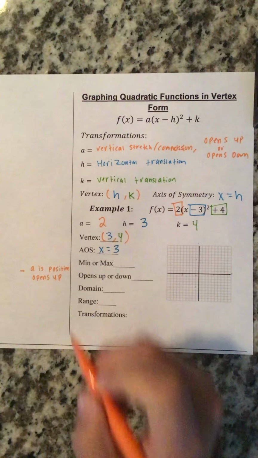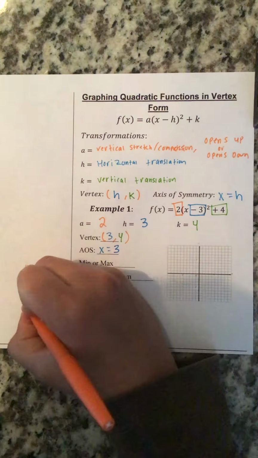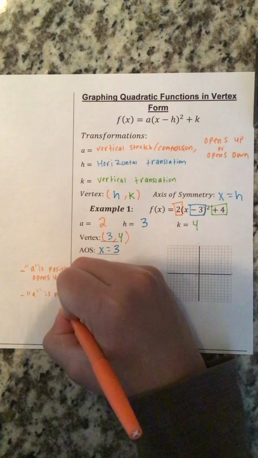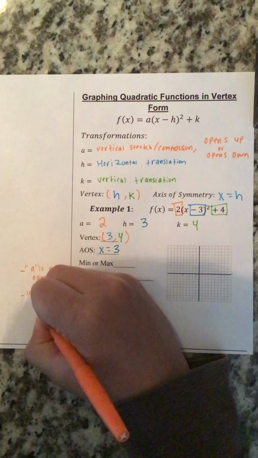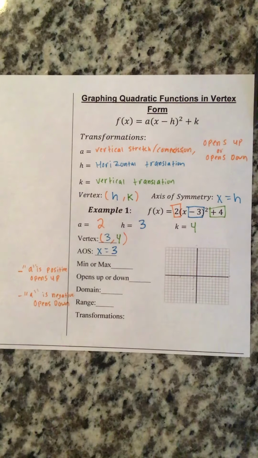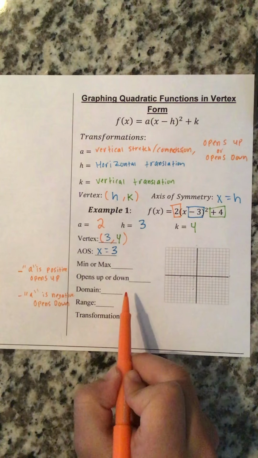That's one rule. If the A is positive, it opens up. The other rule, obviously, if the A is negative, it opens down. If the A is positive, it opens up. If the A is negative, it opens down.